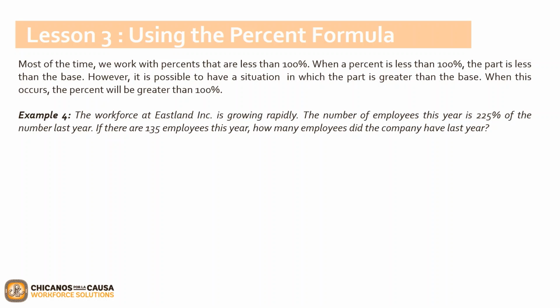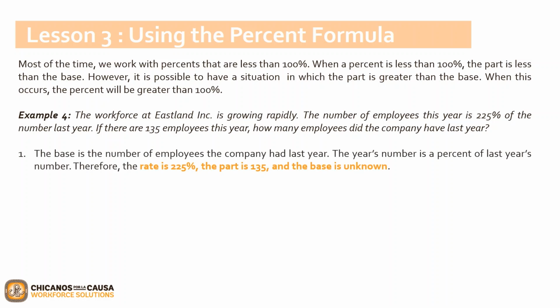In order to solve example 4, we must figure out carefully which element is missing. That is, if it's either the base, rate, or the part. So first, the base for example 4 is the number of employees the company had last year. This year's number is the percent of last year's number. Therefore, the rate is 225%, the part is 135, and the base is unknown.